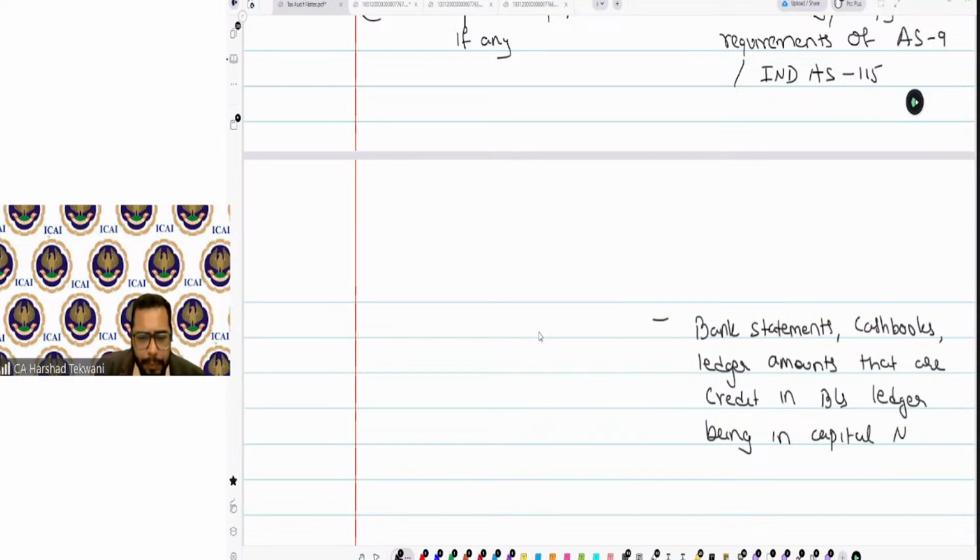For example, fixed assets. If you have received any subsidy, or any capital receipt of some other nature which is credited to any of the asset ledgers. So accordingly, you need to check whether any amount has been credited or not.